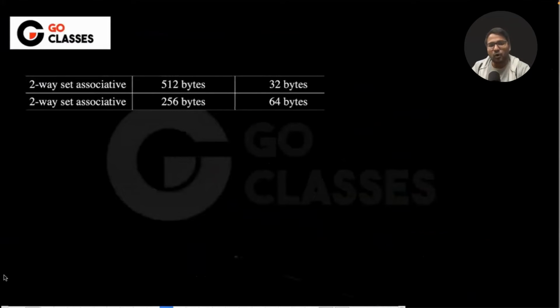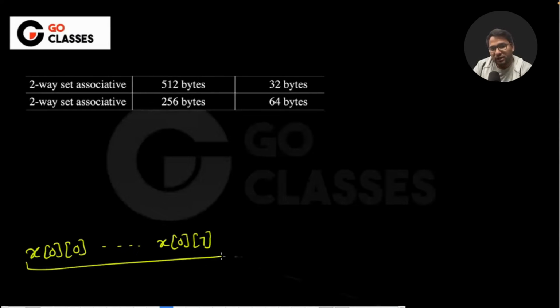Now they are saying the block size is 32 bytes. If it is 32 bytes, it means 8 elements, 8 integers, isn't it? So now each block is containing 8 elements. Here it is x00 to x07. So this is an 8 element block now.